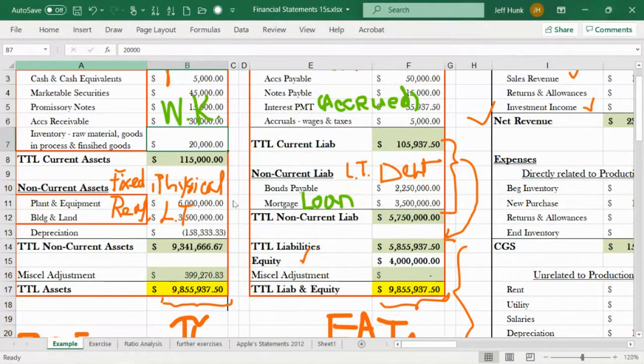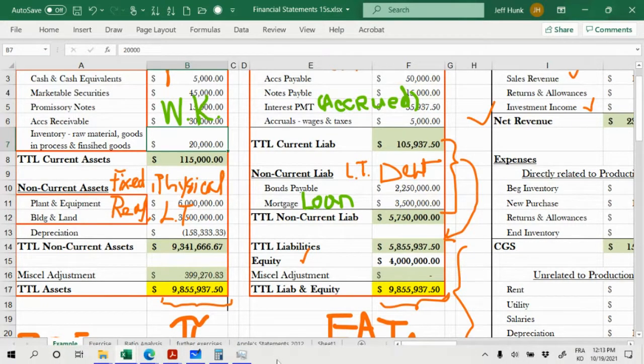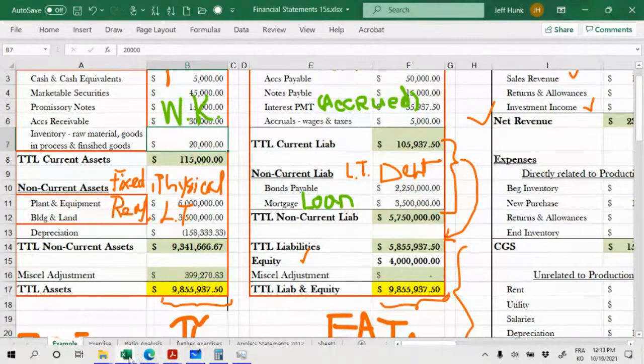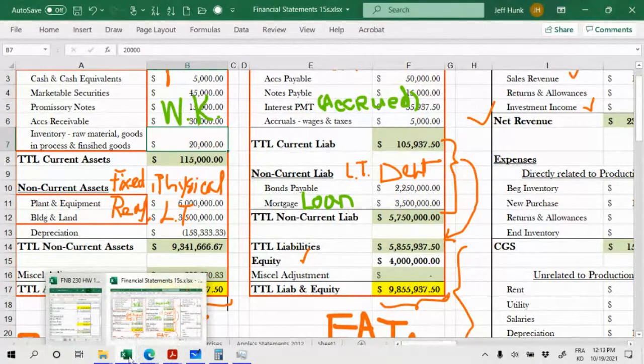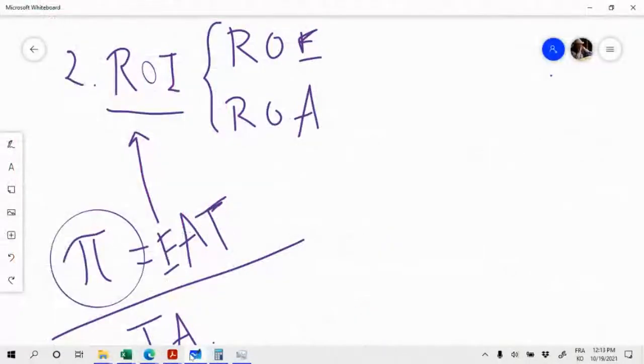So think about it. Assets exist to generate income, right? And that is the input, and the result of that input, the outcome, is the output, and the output is the profit.